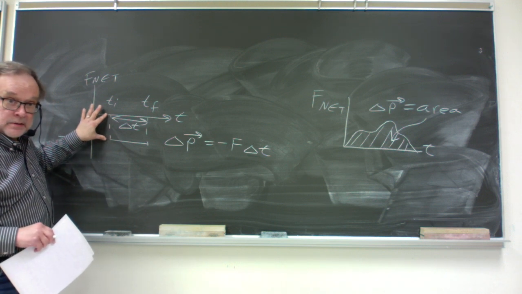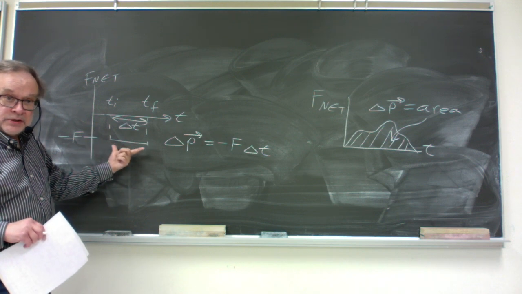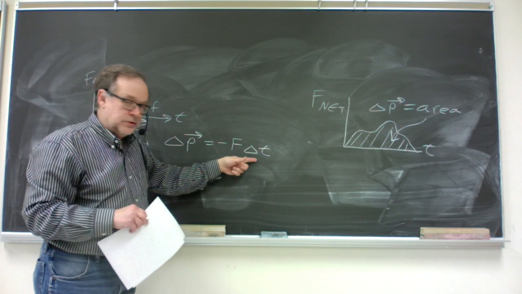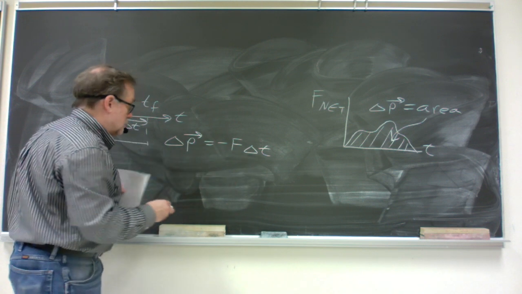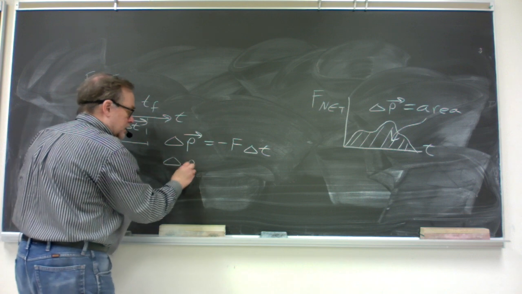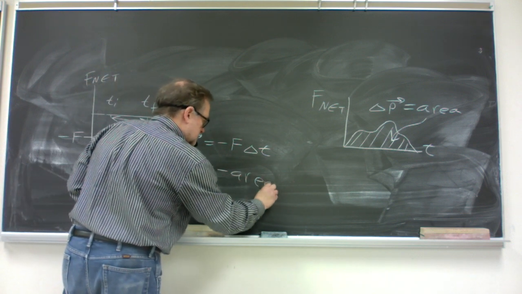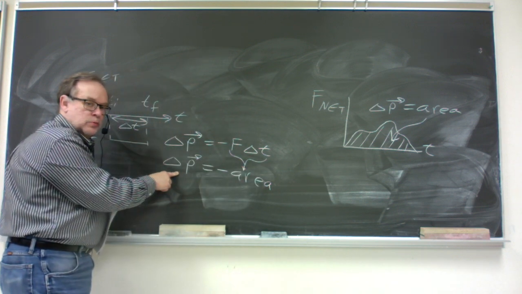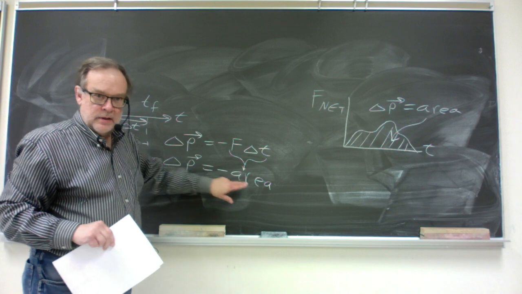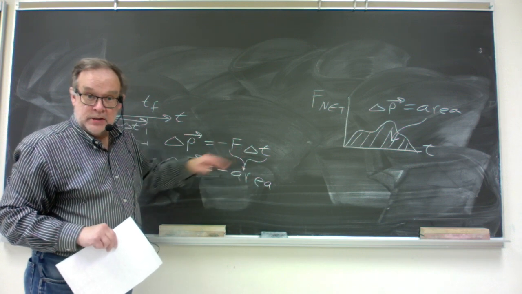So this length, F, times this width, delta T, F delta T, that's the area. So in this case with a negative force, the change in momentum is equal to minus 1 times the area. Right? Area was just F times delta T.